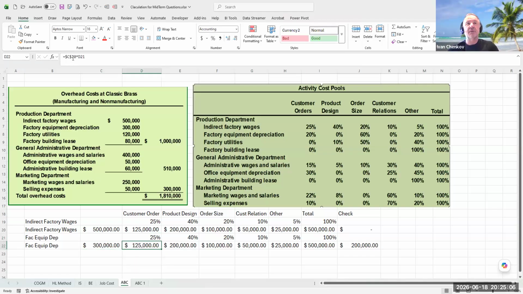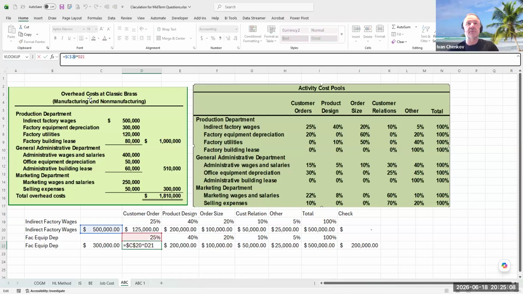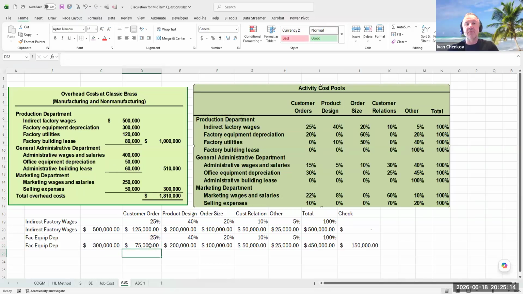So this calculation here has to go to the new cell, which is C22. And once you transpose it, it's going to give you the calculation. Now you have to change the percentage. Here is 20, here is 0, here is 60, here is 0, and here is 20.